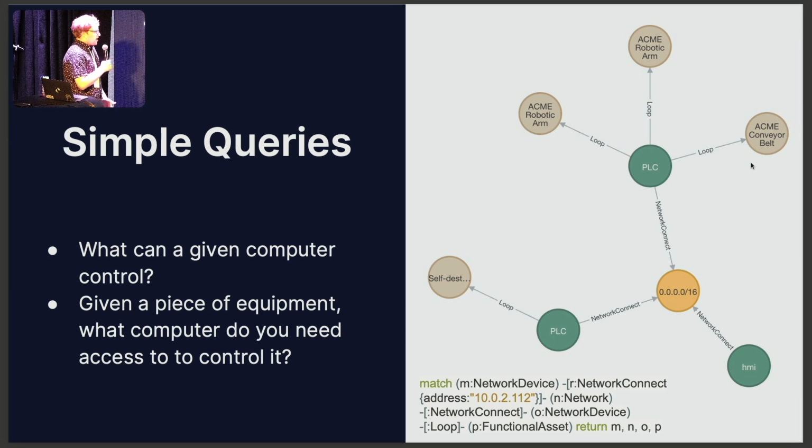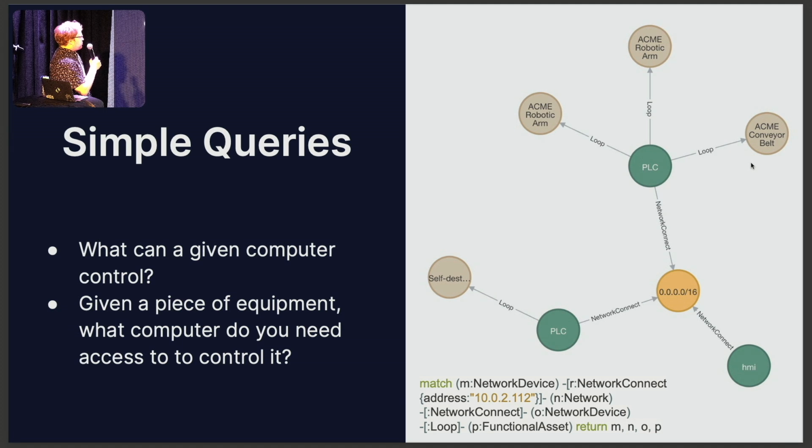And so we can start asking these graphs some simple queries, like if I'm on the HMI, which physical devices can I control? The graph database does that pretty quickly, and it translates that from the query down at the bottom there. And so we can see, all right, if I'm on this HMI, I can control the robotic arms, the conveyor belt, and the self-destruct thing.